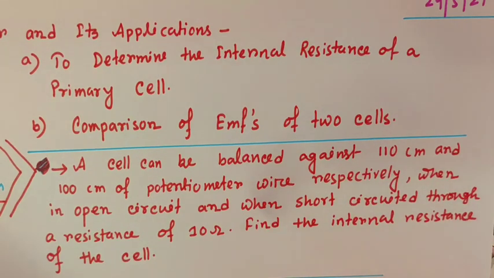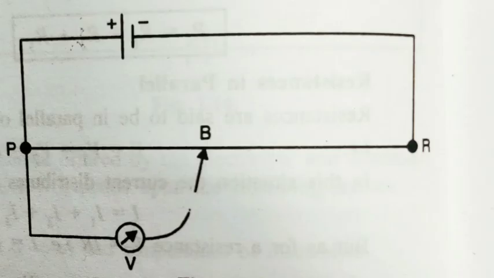If we want to draw a diagram for the potentiometer, it looks like this diagram. So what is a potentiometer? A potentiometer consists of a long uniform wire made of eureka or manganin, stretched along a wooden board with its ends fixed to thick copper strips. A scale is fixed on the board parallel to the wire.